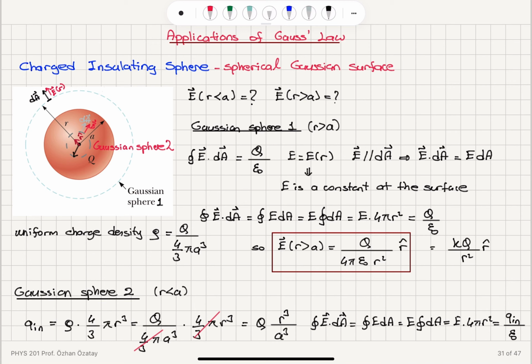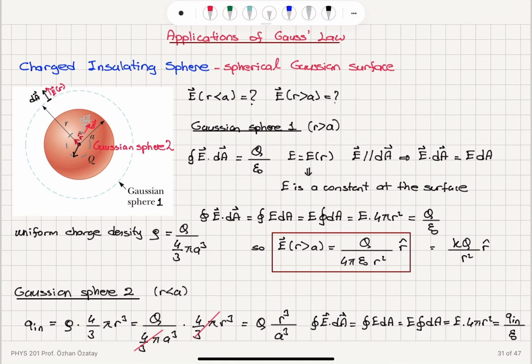If we write the total flux through these closed surfaces, we can use Gauss's law. For Gaussian sphere 1, which is the sphere outside, the closed surface integral of E dot dA is the charge enclosed, which is Q divided by epsilon 0, the permittivity of free space.